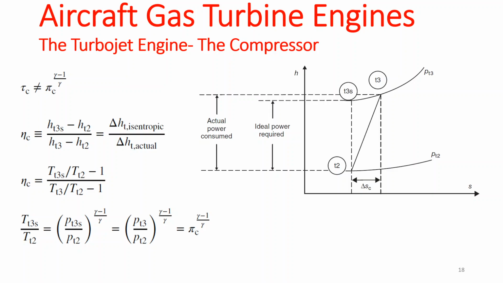And we are going to replace that with the temperature ratios. The first temperature ratio on the top follows the isentropic relationships, so we can just replace it with the pressure ratio of the compressor.